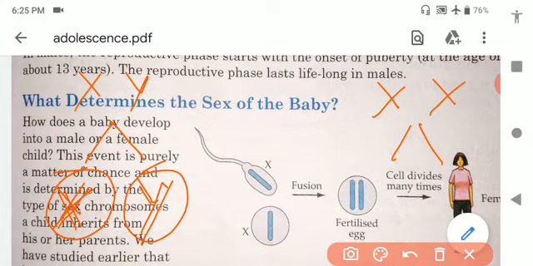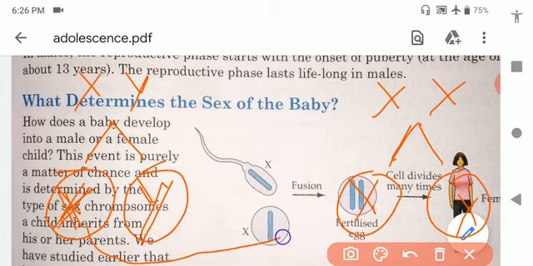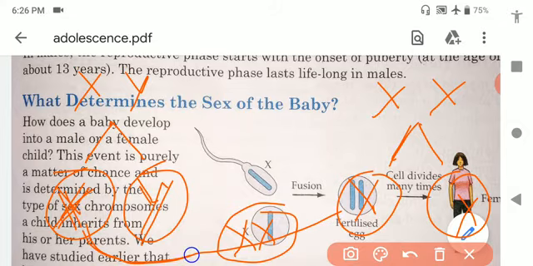But in case of female, when the ovum is produced, each ovum contains one X chromosome. So what happens when this X and this X meet together, when fertilization between this sperm and this ovum takes place?